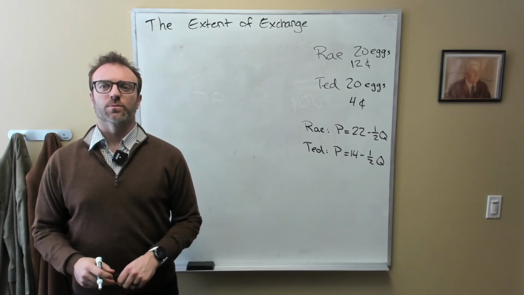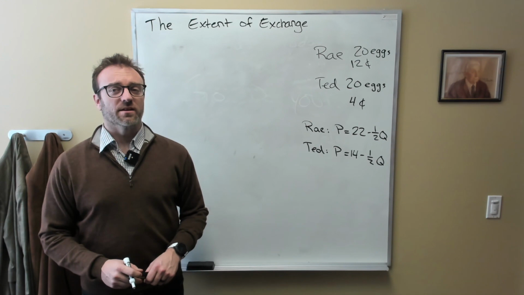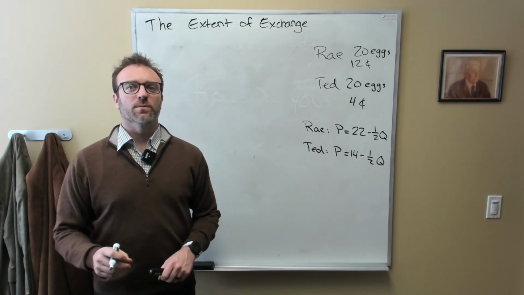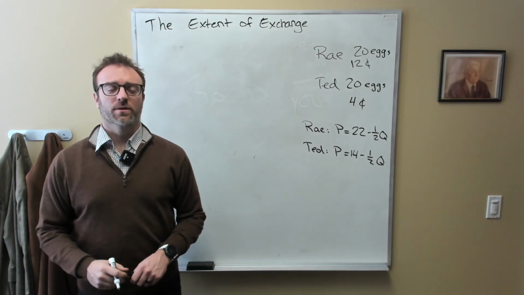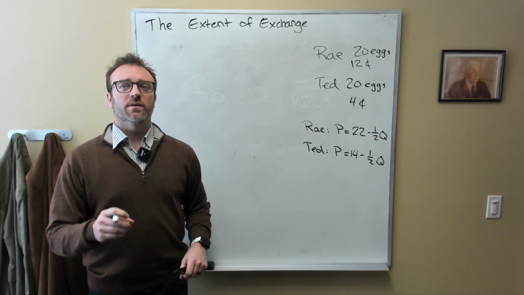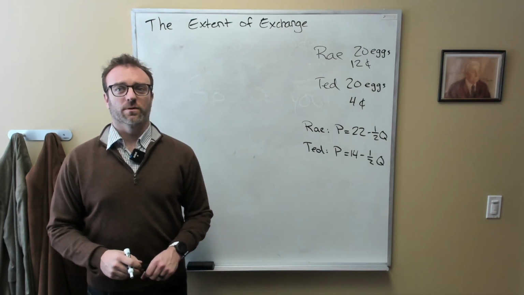So what we should first recognize is that Ray will continue to buy eggs from Ted as long as the price Ted sells them for is less than or equal to her marginal personal worth. Likewise, Ted will continue to sell to Ray as long as the price is greater than or equal to his marginal personal worth.